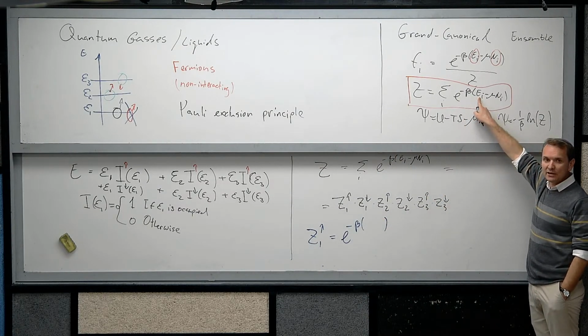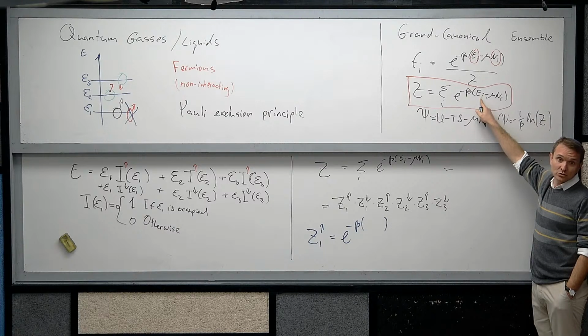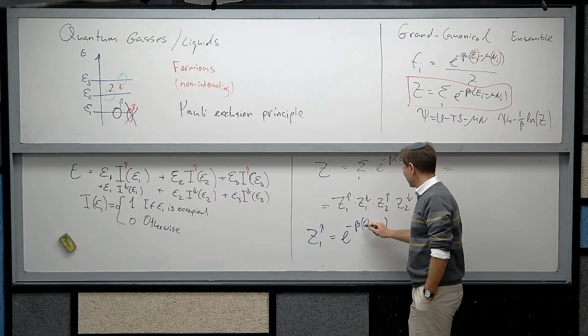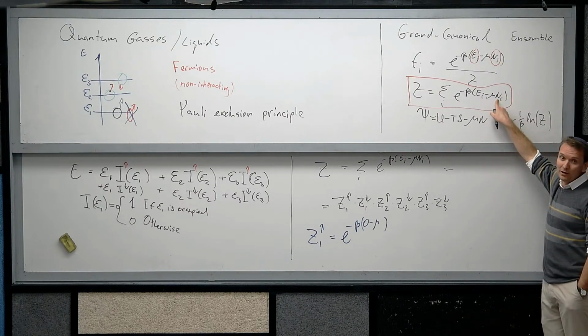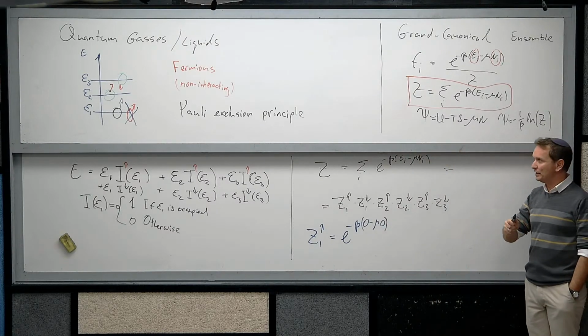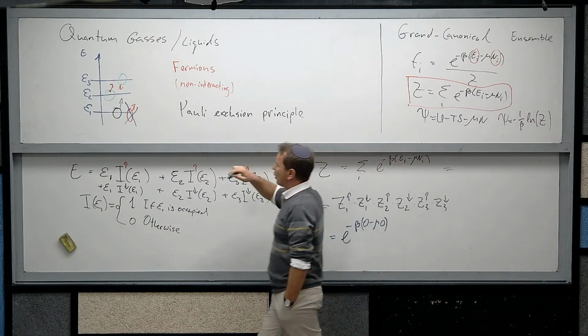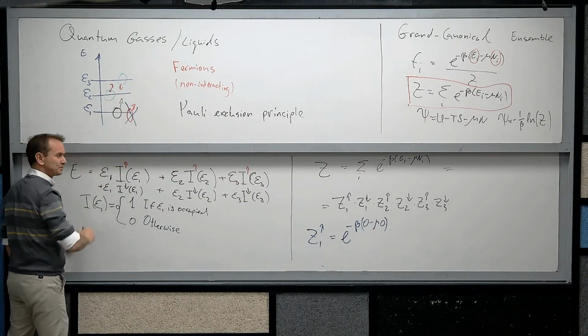So this is the state when the system or the state is unoccupied. When it's unoccupied, its energy is 0, minus mu. When it's unoccupied, the number of particles of the state is 0. Okay. So this is state number 1 of energy E1 with spin up.